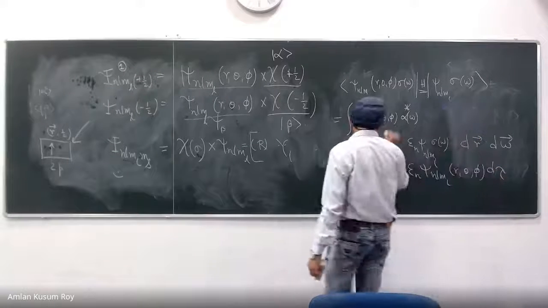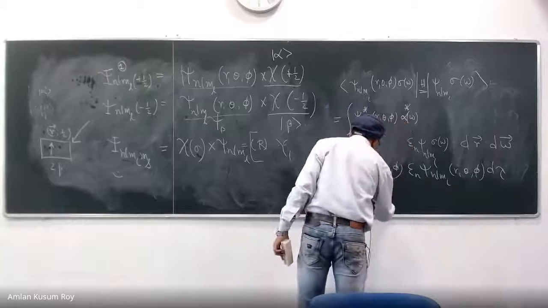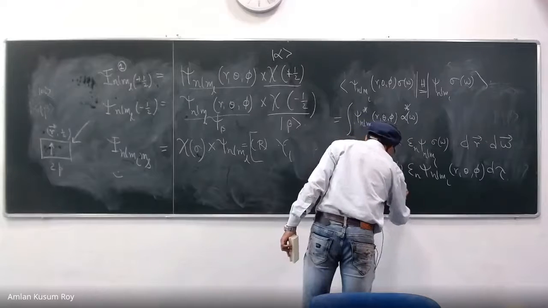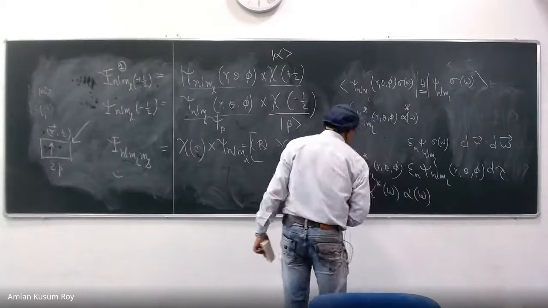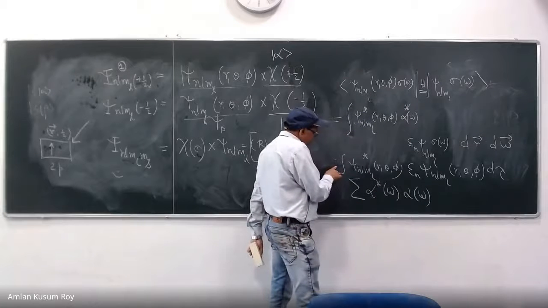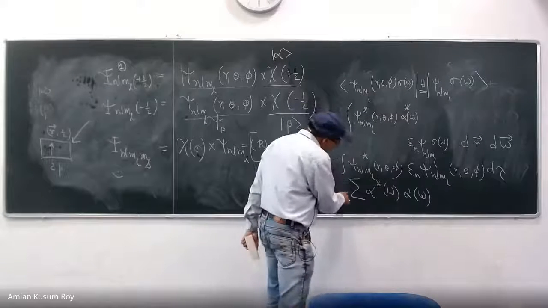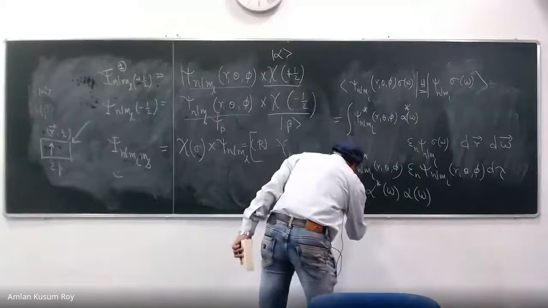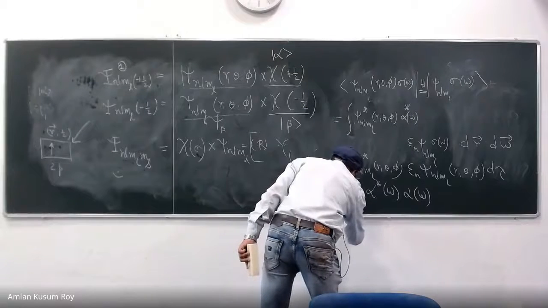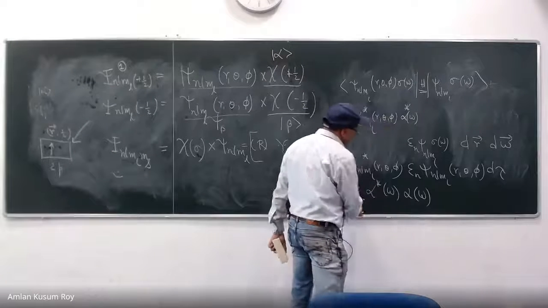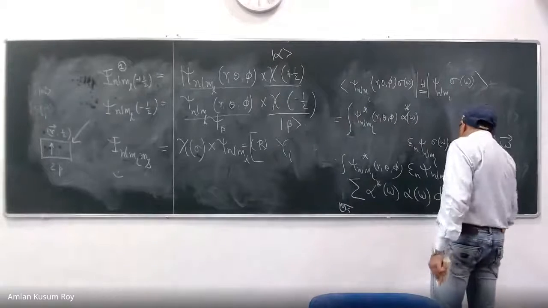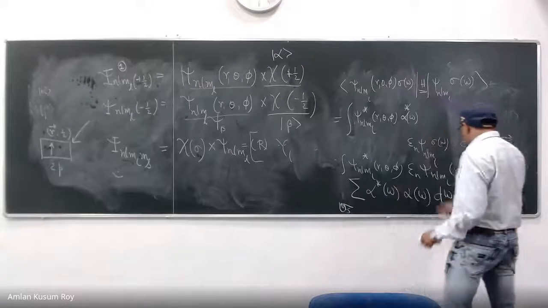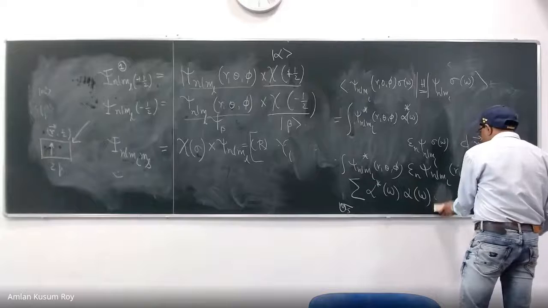And you have alpha star omega, alpha omega. You have learned that this is a continuous variable, so you have an integration. This is a discrete variable, so you have a summation over ms, over only 2 values of omega. So d omega means you have only two sums to do, right?